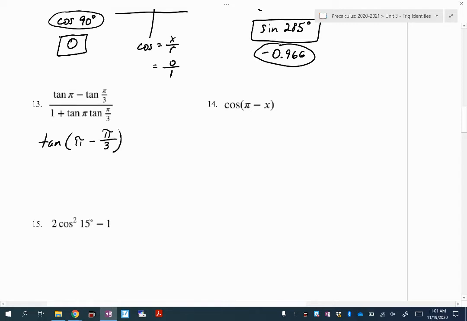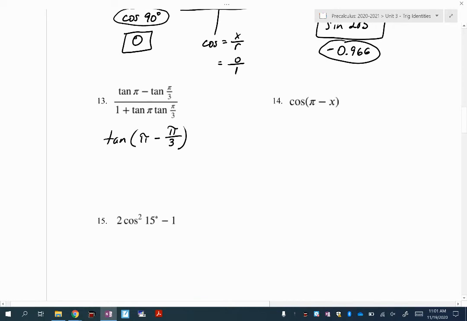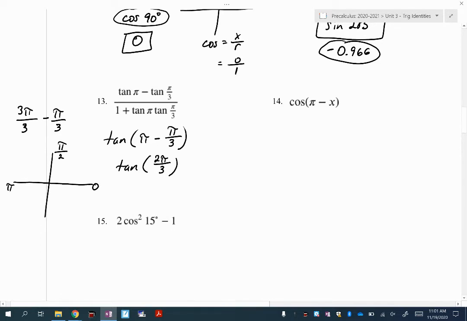If I get a common denominator, that's going to be 3 pi over 3 minus pi over 3. So this becomes the tangent of 2 pi over 3. Now we can do this one as well. You can leave it like that, that's fine, just move on. But if I look at my unit circle, this is 0, this is pi over 2, and here is pi.